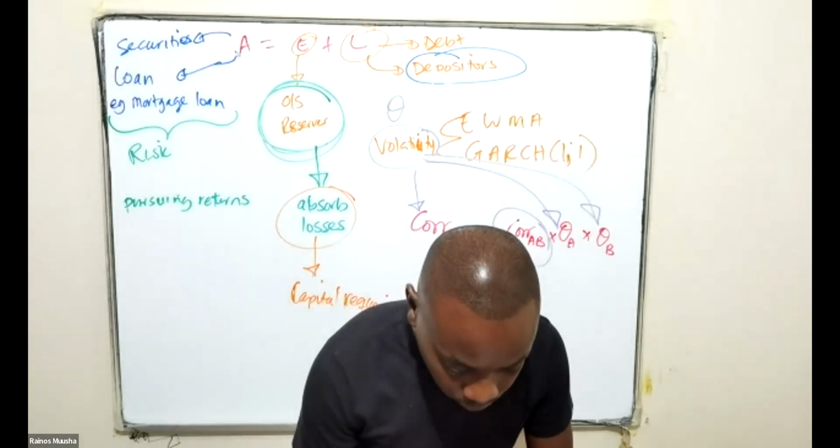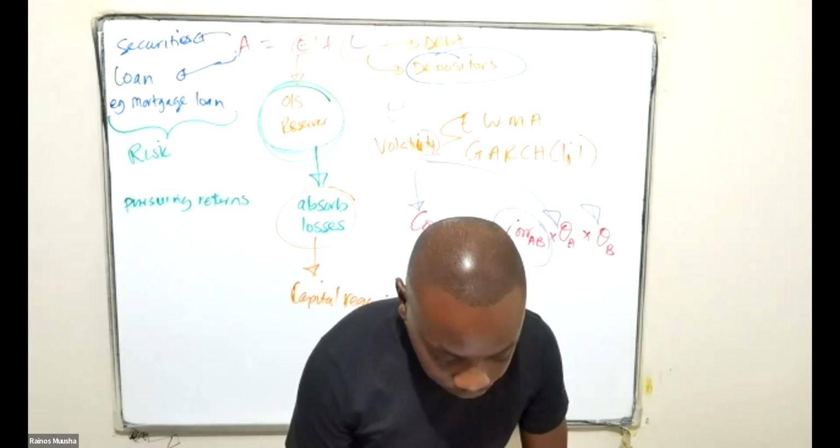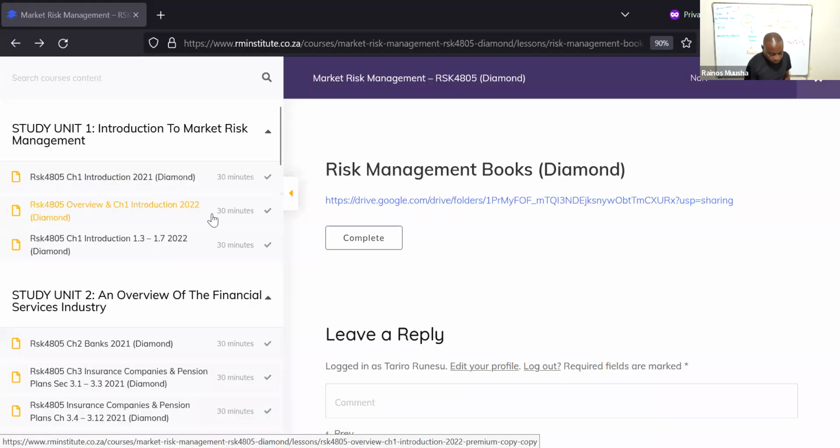Another issue that I've almost forgotten is that as we go through these different study units, you will see that they are labeled 2021 and 2022 at the end. So the videos that we took for year 2021 are written 2021, and the videos that we took for year 2022 will indicate 2022 at the end.